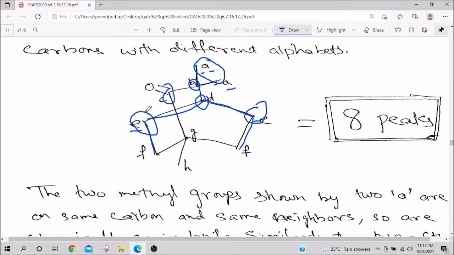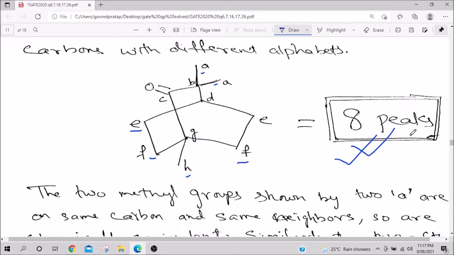Chemically they are in the same environment, so they are identical. Therefore, I have put both as E, and they will show a single peak. Similarly, when I come down, these two F are exactly identical. Now, G is different, H is different. So, A, B, C, D, E, F, G, H, total 8 different carbons are there. So, it will show 8 peaks.